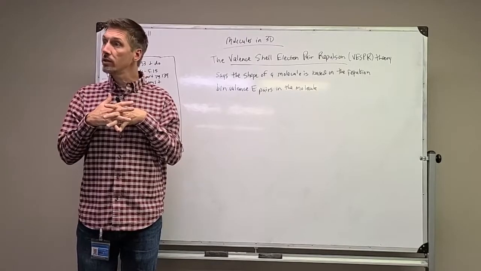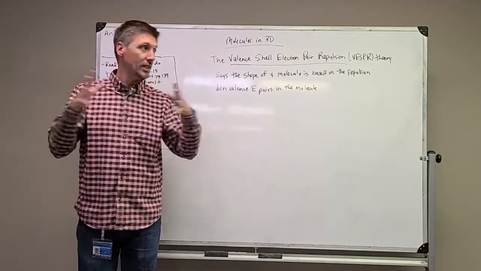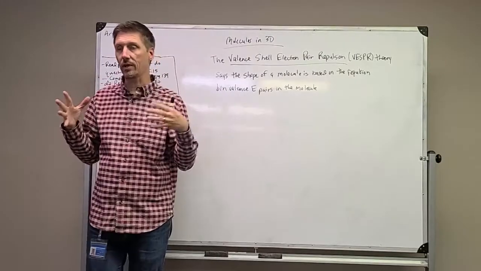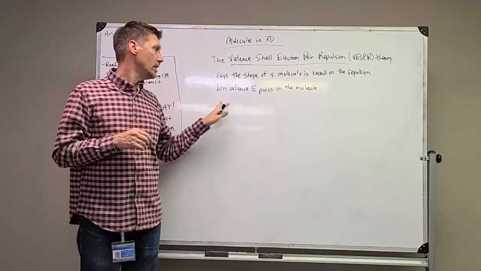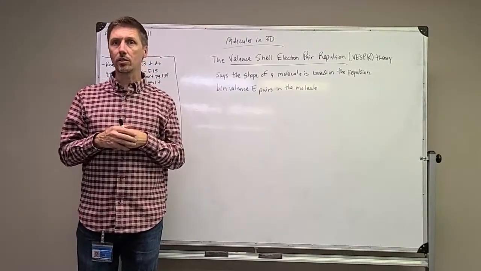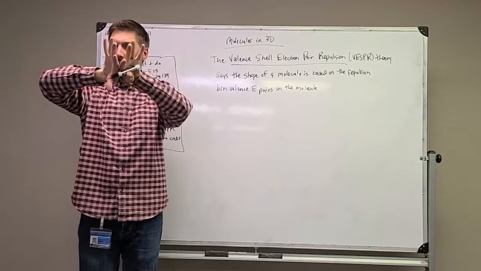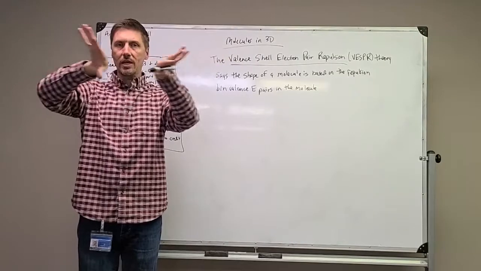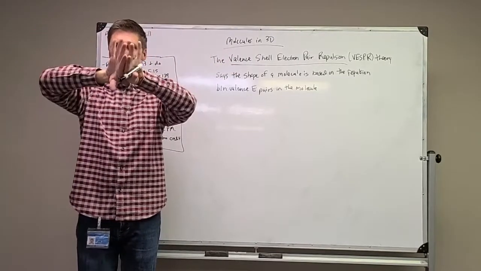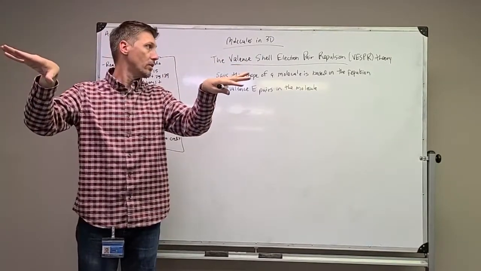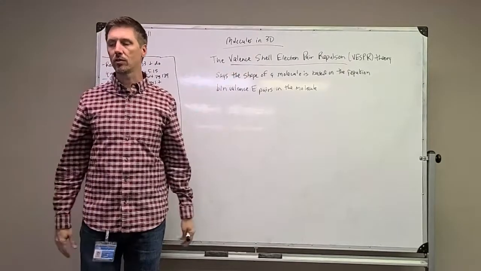They repel, right? That's the idea here with this repulsion theory. So if we have these electron pairs in the molecule, those electron pairs are going to repel one another. They're separating each other. They're not drawn towards one another. There's repulsion taking place there.